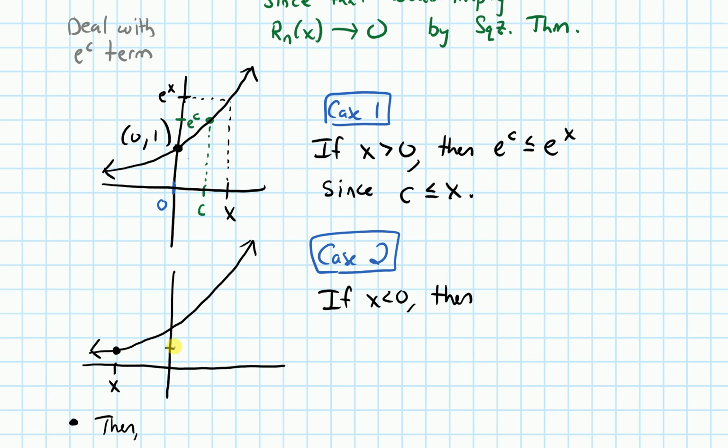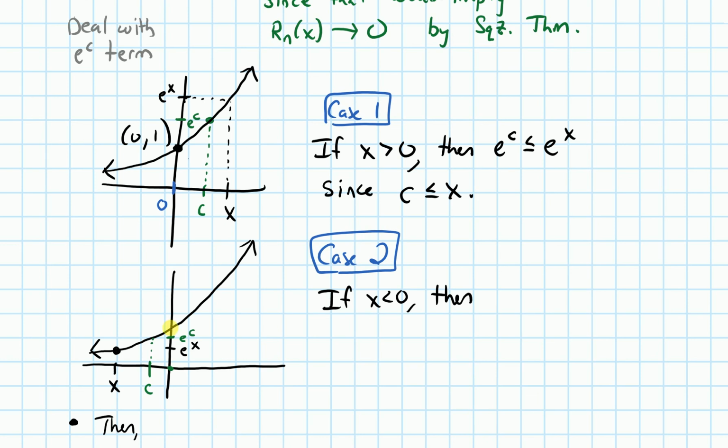Okay, and so e to the x would be whatever its y value is. c has to be somewhere between 0 and x, so let's say it's here. Its y value would be wherever this is, so e to the c. So what is e to the c now going to be less than or equal to?